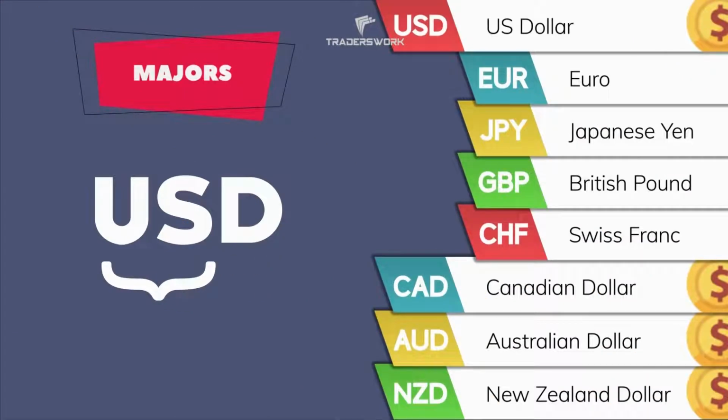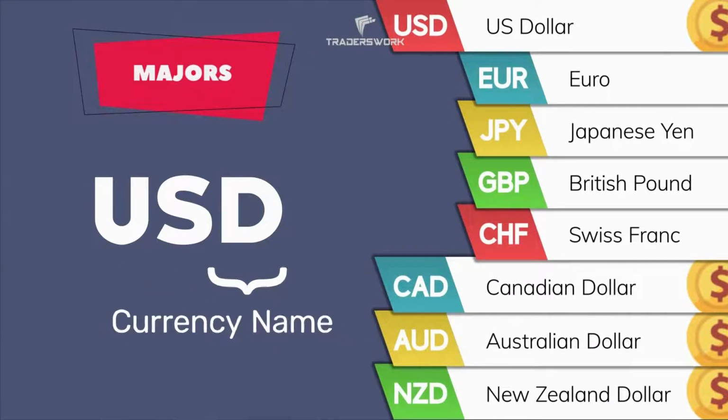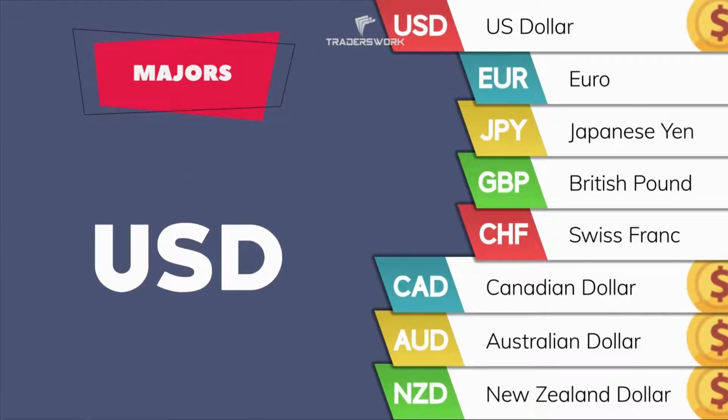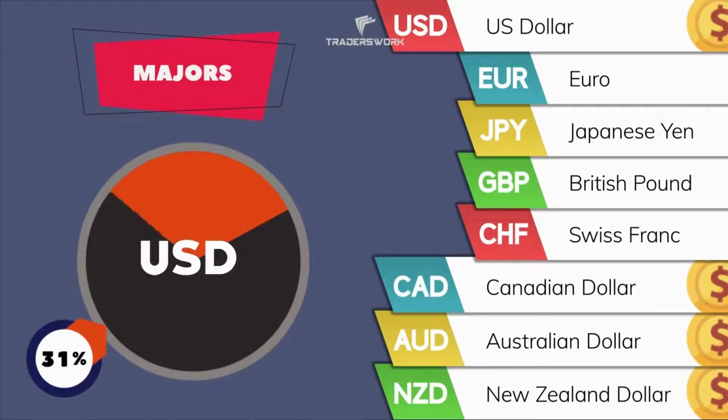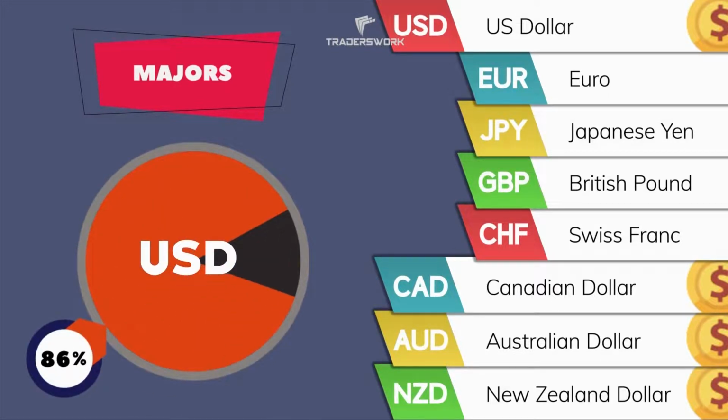The first 2 letters of a currency symbol relate to the country name, and the final letter relates to the currency name. Let's see what a currency symbol looks like. Take USD for example, the most traded currency in the Forex market, making up around 86% of all foreign exchange transactions.